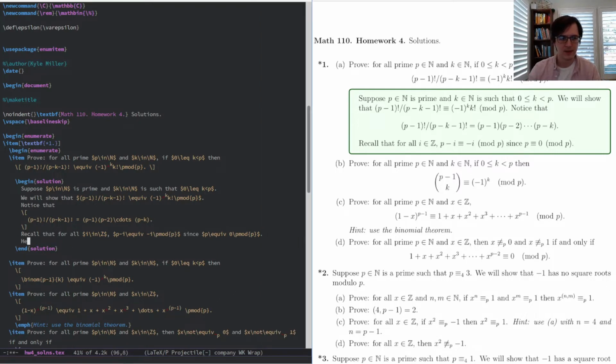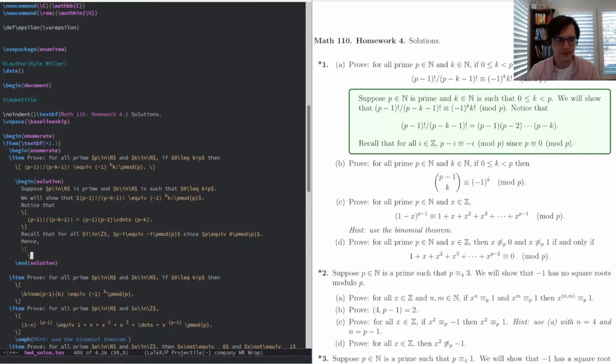So hence, this thing is equivalent to minus 1 minus 2 c dots minus k mod p.